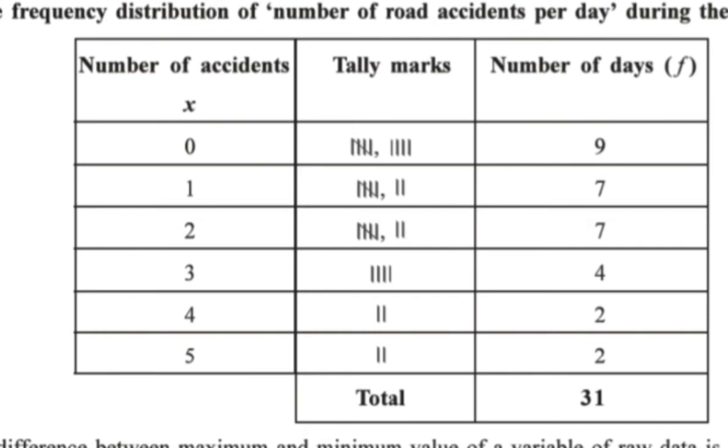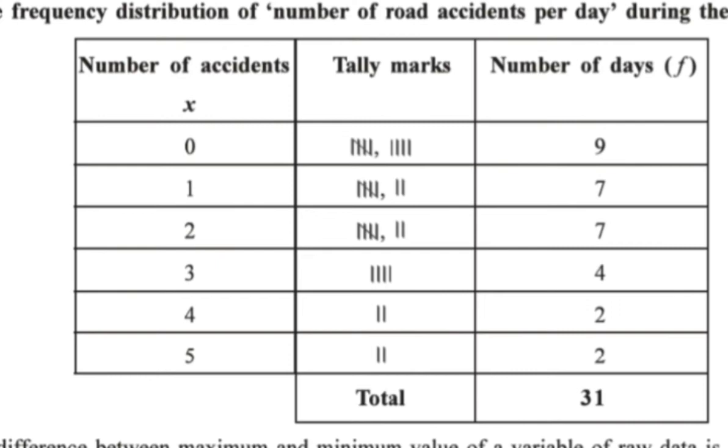There were 7 days in the month when one accident happened. There were 7 days when 2 accidents took place. In 4 days, 3 accidents took place in a day. There were 2 days where 4 accidents took place, and 2 days where 5 accidents took place.